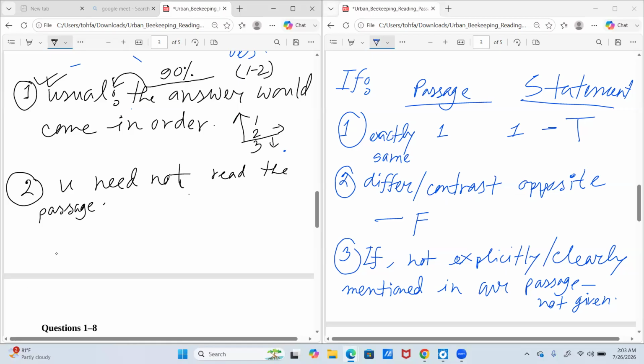I am saying one word again and again, which is keyword. So let's learn what keywords are, right? Keywords are our clues. These are the clues that take us closer to our answers.